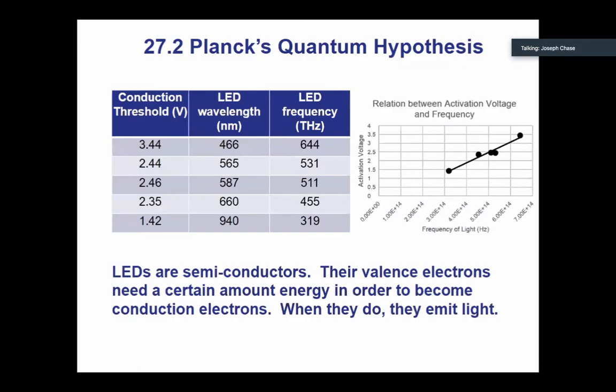And there definitely is. Here's the conduction threshold, the LED wavelength, and the LED frequency. Over here, we have the conduction threshold or activation voltage plotted against the frequency of light in hertz. And it's pretty linear. That's interesting. There's a direct correspondence between the frequency of light and the energy that the light carries.